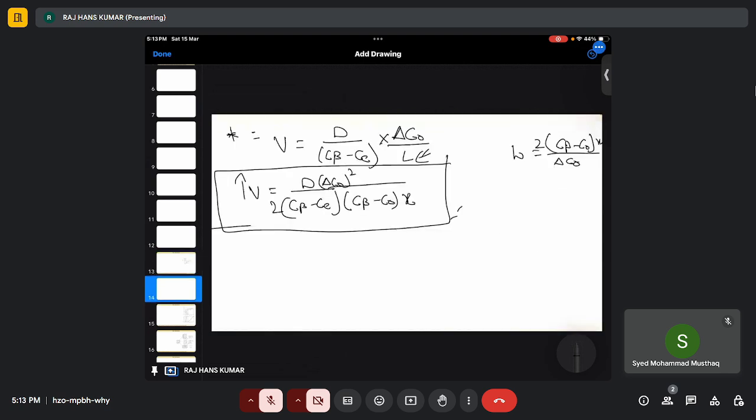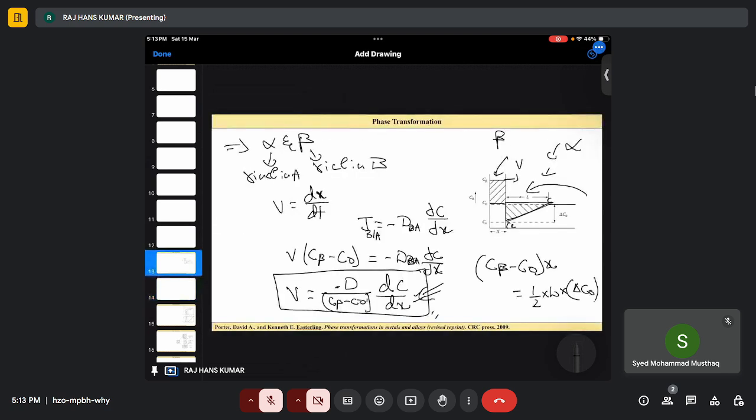Delta C naught is directly proportional to the concentration difference between C alpha and CE, right? That is what I want to show. If there is a higher concentration gradient, more will be the formation. The velocity front will increase.